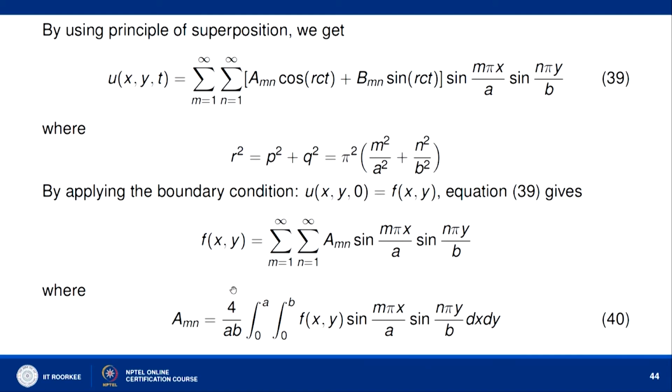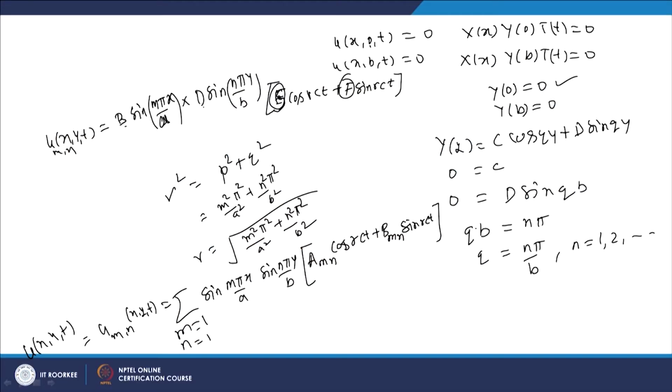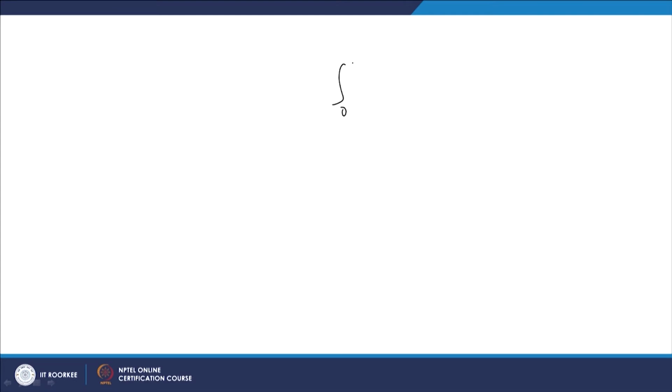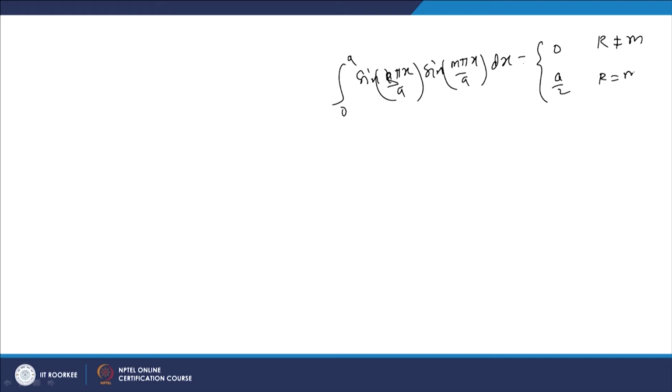Here we are just using the orthogonality condition, that is the integral from 0 to a of sin(k pi x/a) sin(m pi x/a) dx is equal to 0 when k is not equal to m, and a/2 when k equals m.